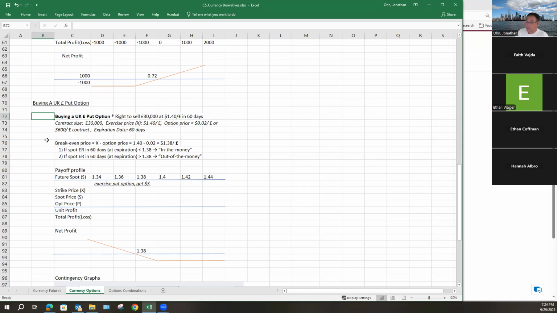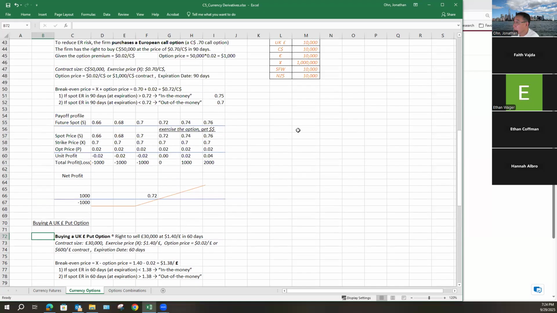All right, thank you. So the put option is, as I said, the right to sell British pounds in the future. Again, it is not an obligation, it's the right to sell. So buying a UK pound put option is the right to sell 30,000 British pounds at $1.40 per pound in 60 days.